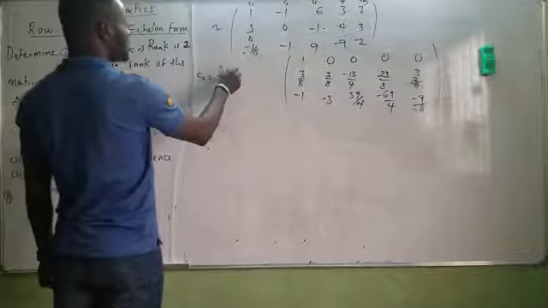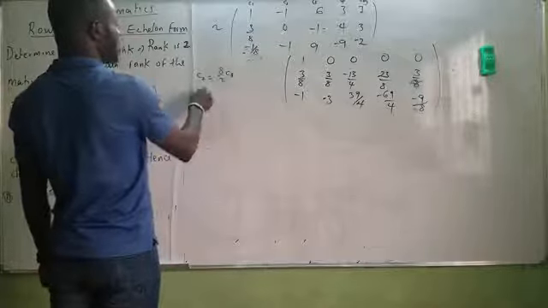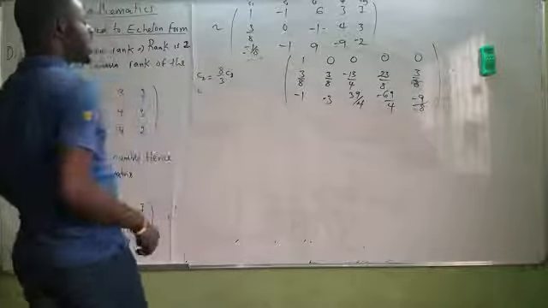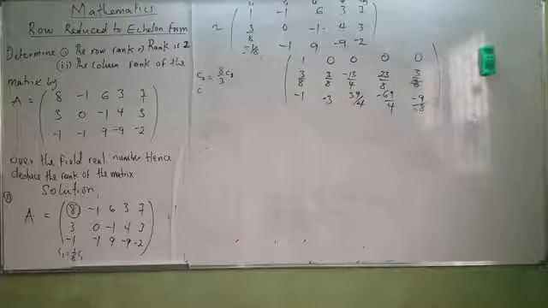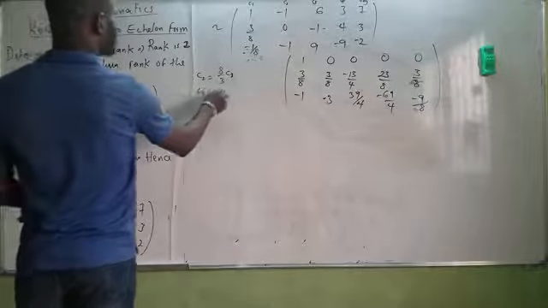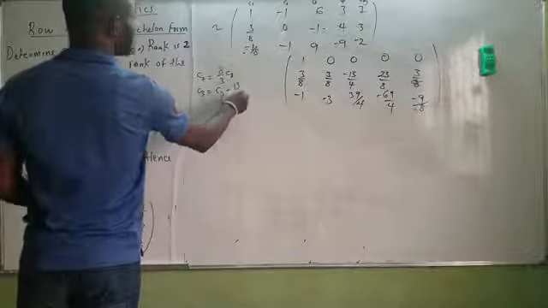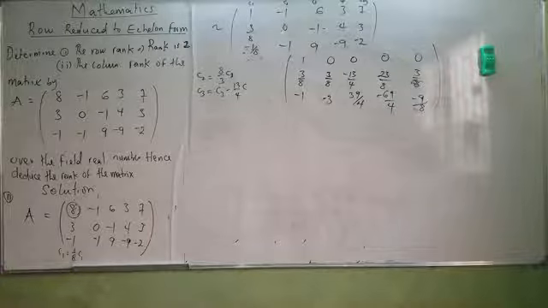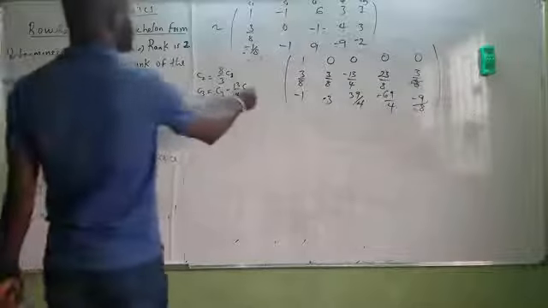Row, column 1, column 2, column 3. Okay, now if I have that, I think I'll be able to do something meaningful. Now my row 3 can be equal to row 3 minus 13 all over 4 row 2.